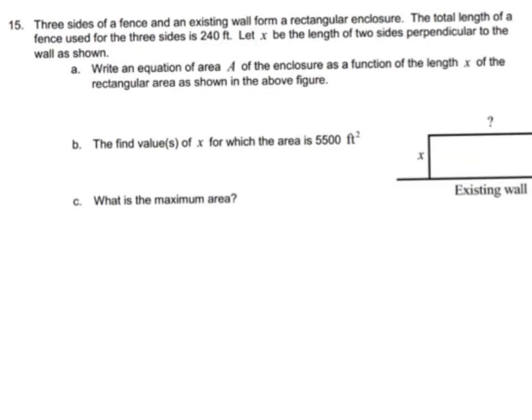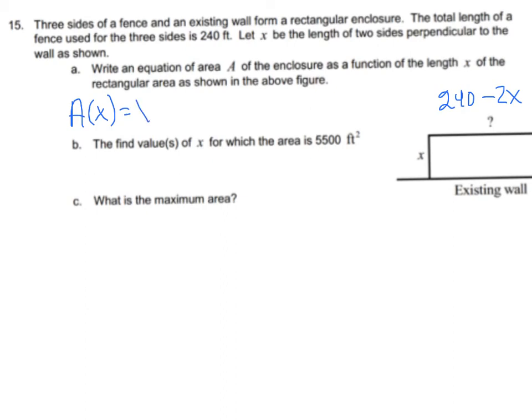All right, the non-calculus approach to this particular problem. The first thing that needs to be said is that you have 240 feet. You have x and x on either side of your rectangle, so this question mark here is just 240 minus 2x. That's how much fence you have for that side. And the question is about the area. So if I want to write an area equation, A of x, it's simply the product of the length and the width.